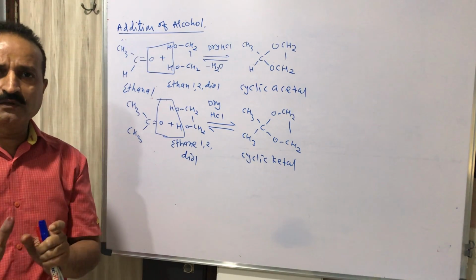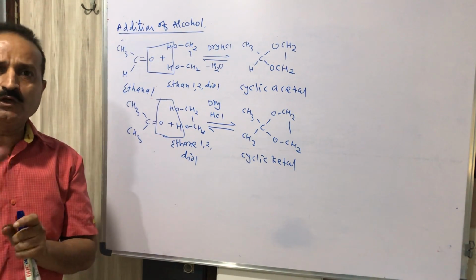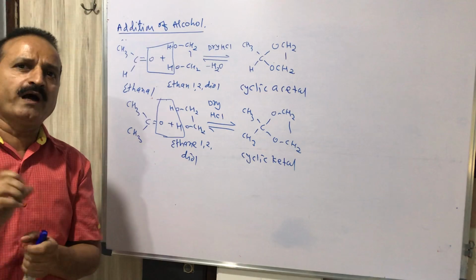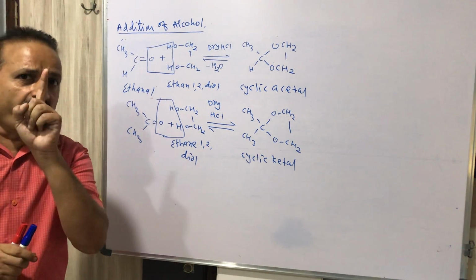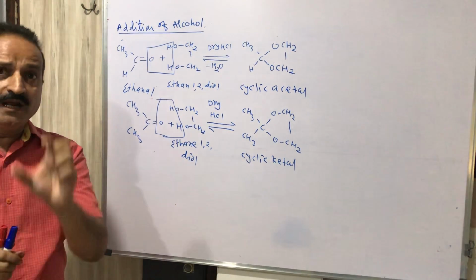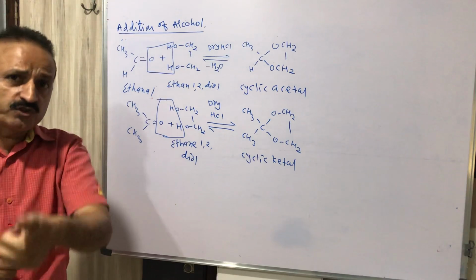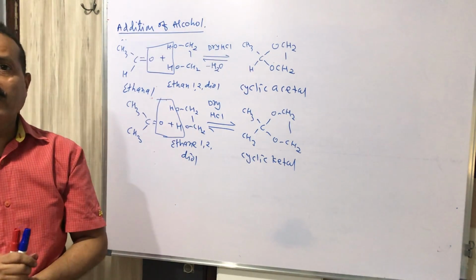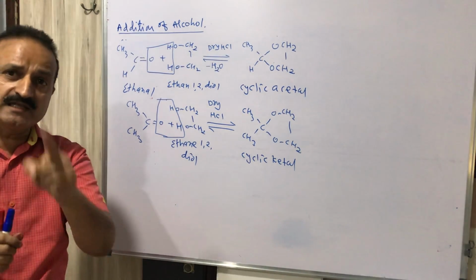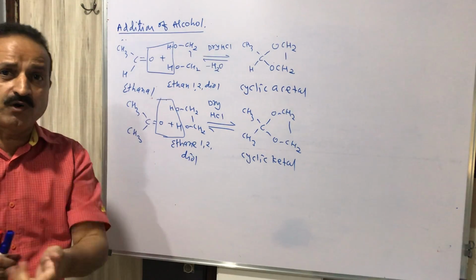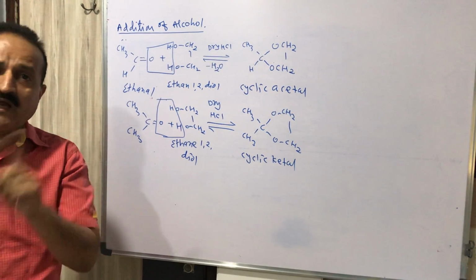Kindly remember that when we take two different molecules of alcohol we get an acetal, and when we take one molecule with two hydroxy groups we get a cyclic acetal. If the reactant is a ketone, then it is a cyclic ketal.